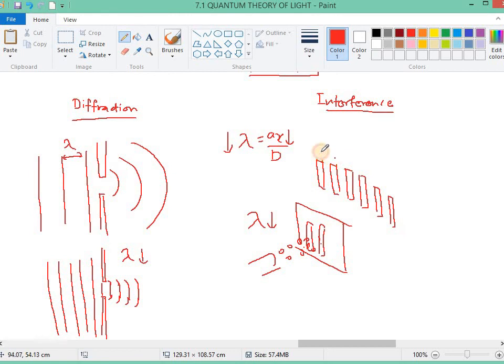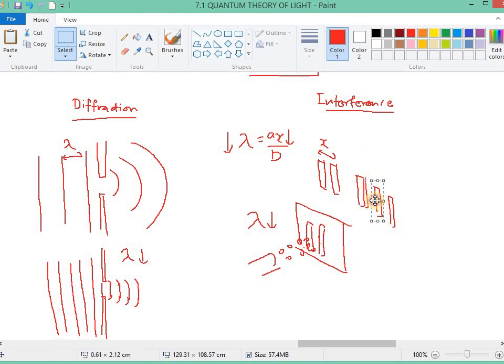You see, x is from here to here, right? If x is small, these two fringes will group together. They will overlap each other. So in the end, you will see all grouped together. For example, this one and this one, the x is very small, so they will group together.